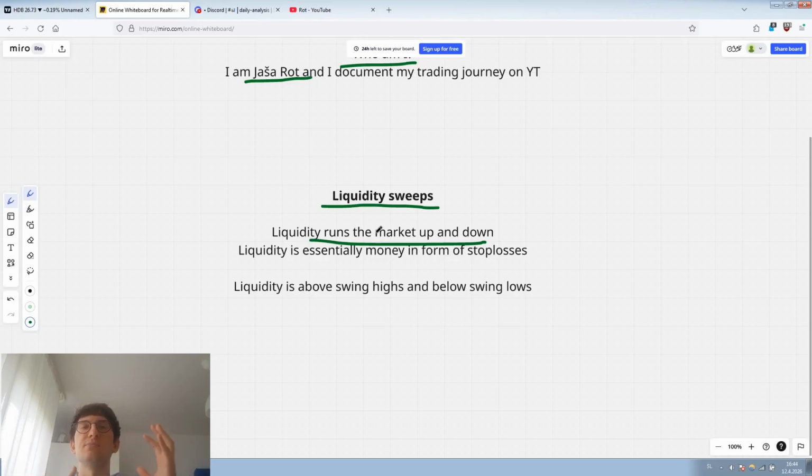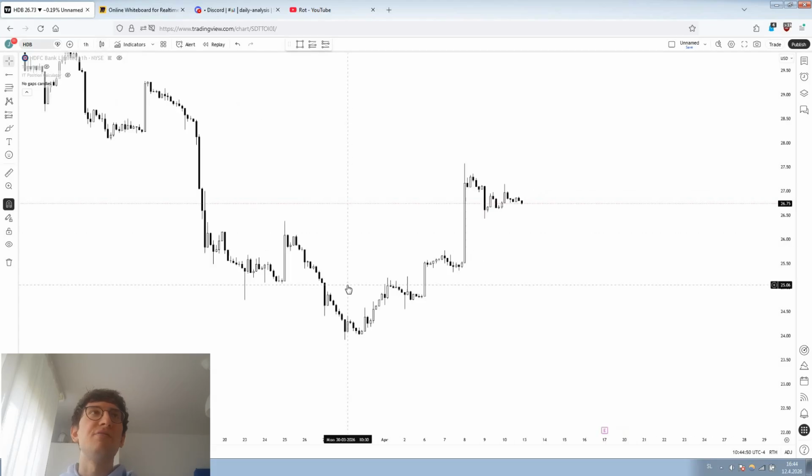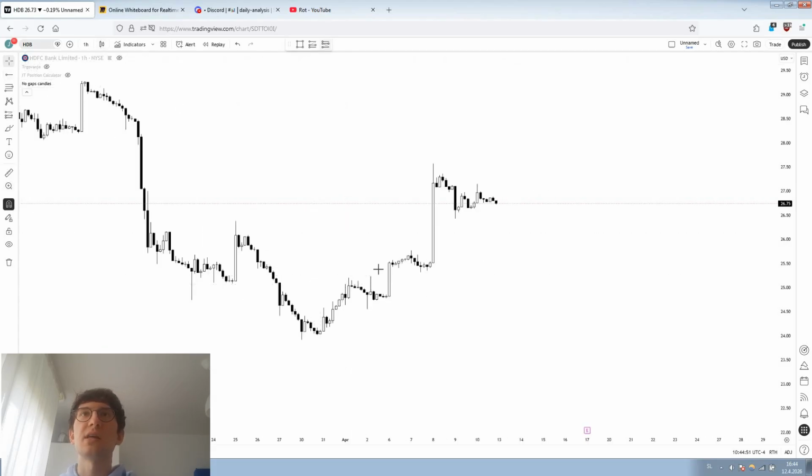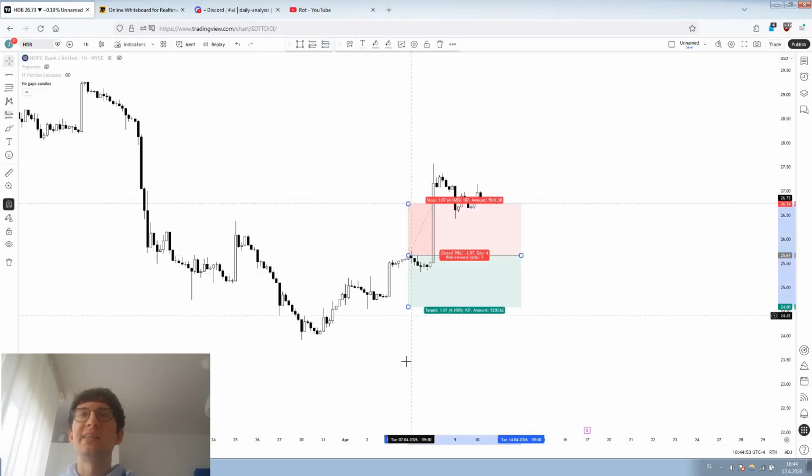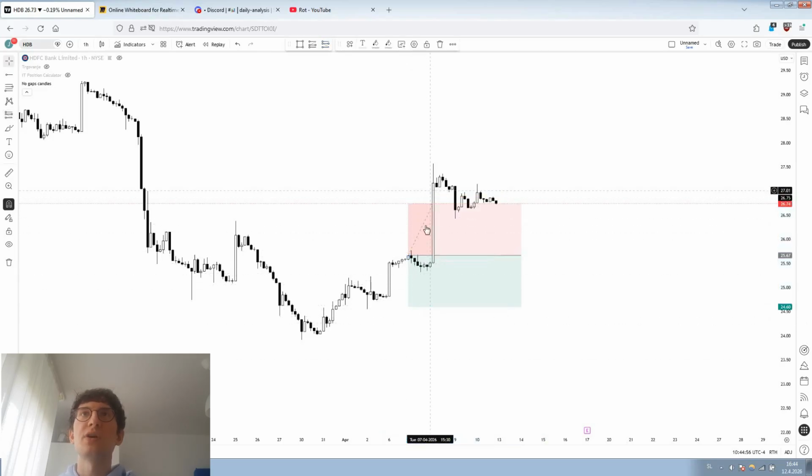Liquidity is money that, when the price goes to a certain point, gets into the market, because liquidity can also be described as stop losses. For example, if I am shorting right now here, and then the market goes up, I am stopped out.